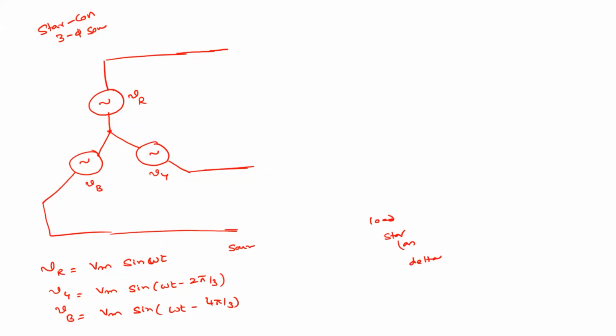Let us assume that the load is also star connected, something like this. So this is ZR, ZY, and this is say ZB. So that is a three phase star connected load.